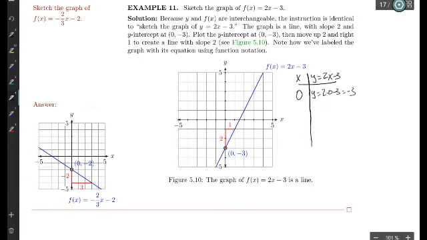You put in 1, you get y equals 2 times 1 minus 3, negative 1.